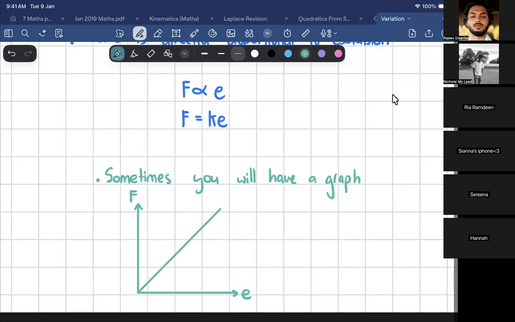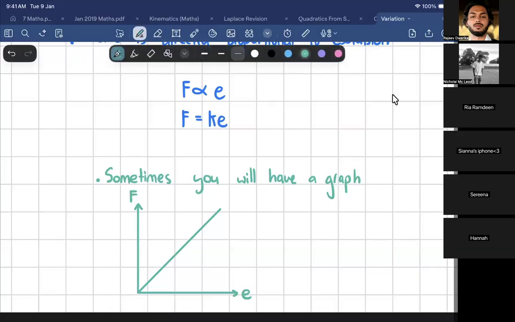Good. If CXC gives you a graph, how would you find K from the graph? You would use 2 points on the graph. Yes, perfect. And you would find K by finding the what? By finding the gradient. Yes, that is it.